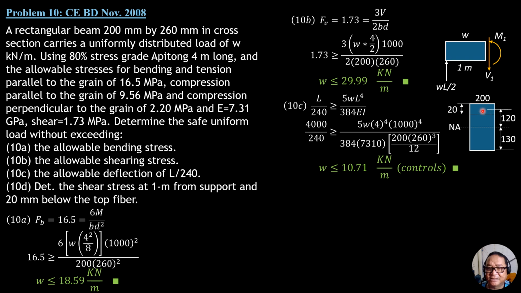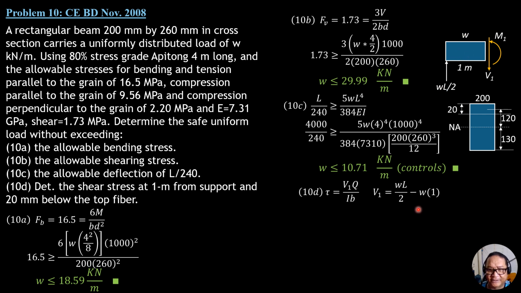Therefore, the distance of the centroid of this area above this section where shear stress is to be evaluated is 120 mm. 130 minus 10, so 120 mm. So that is Y. And area to be considered is 200 times 20. Area prime, 200 times 20. So from shear stress equals VQ over IB, where V is V1, and V1 is equal to WL over 2 minus W times 1.